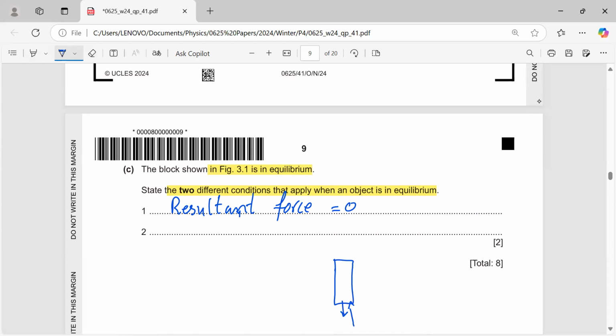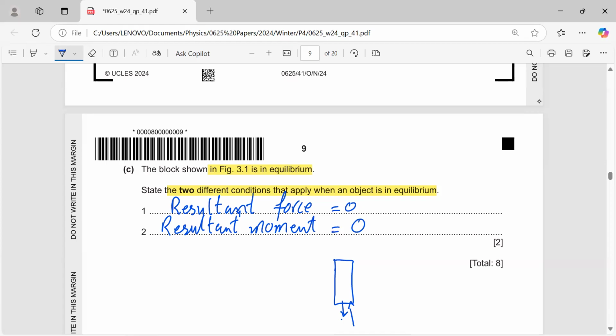For example, this object is lying on a horizontal surface, so its weight is acting downward and the reaction of the table or the horizontal surface is upward. These two are equal and opposite, so that's why the resultant force is zero. The first condition is also fulfilled. The second condition is that the resultant moment is also equal to zero.